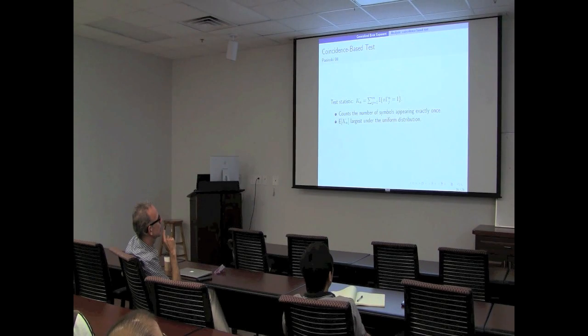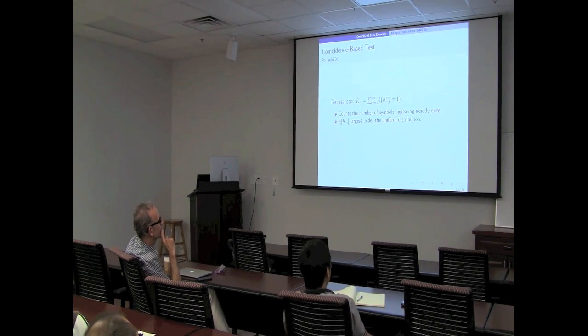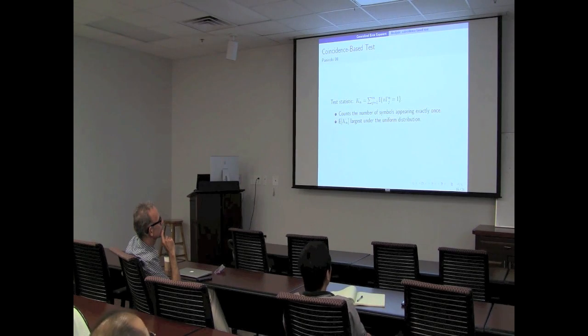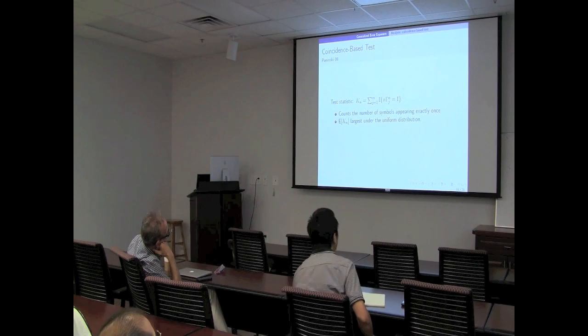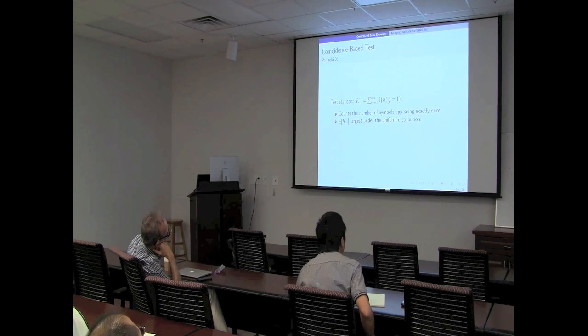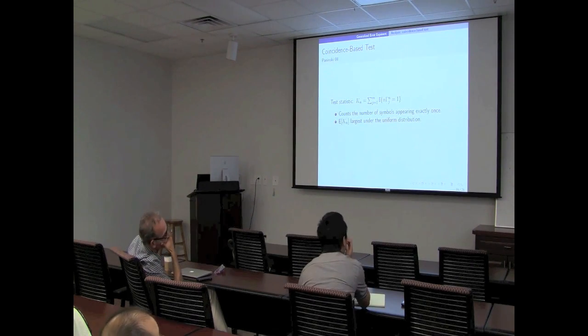Can you see it here? So if you look at it, it's normalized by n, with the number of times that Z_i is equal to j.